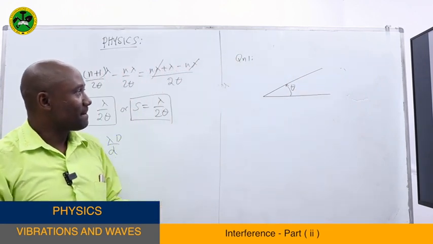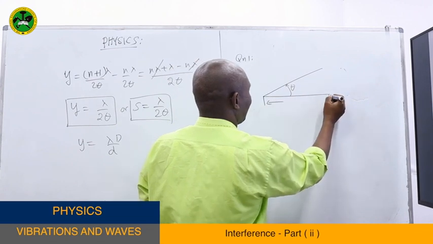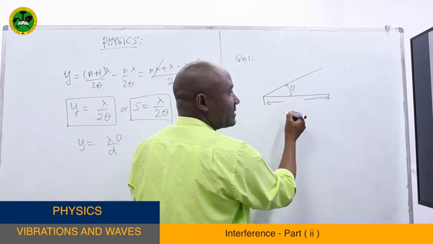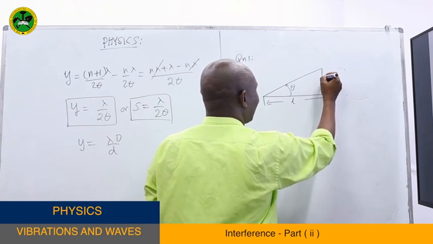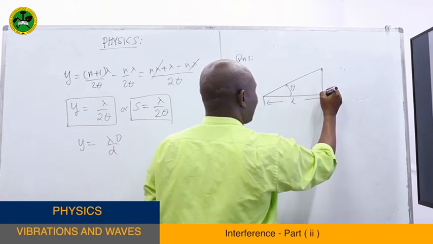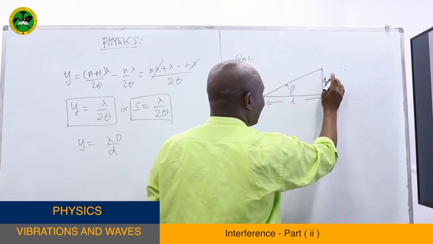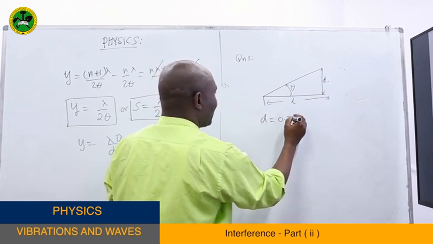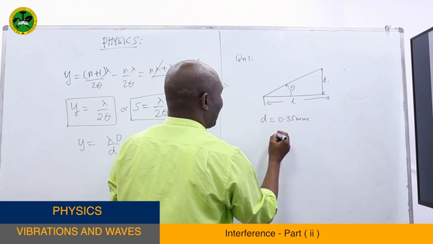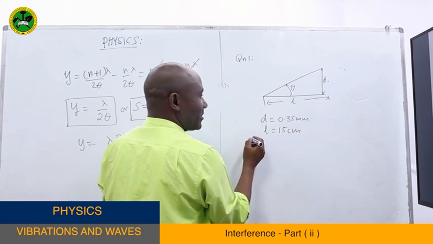You are looking for that angle, but the length of the plates is given, and the thickness of the material in between, given as the diameter D. So here D equals 0.35 millimeter, and our length is given as 15 centimeters.